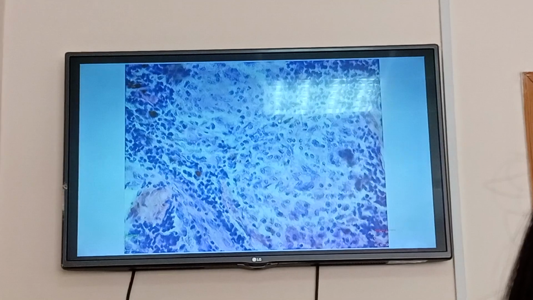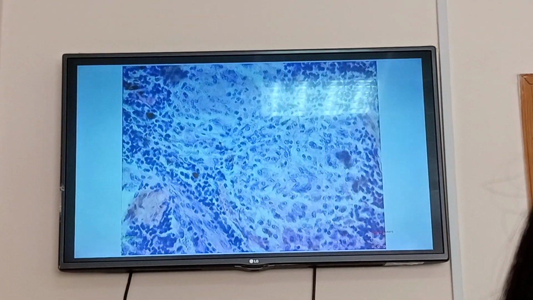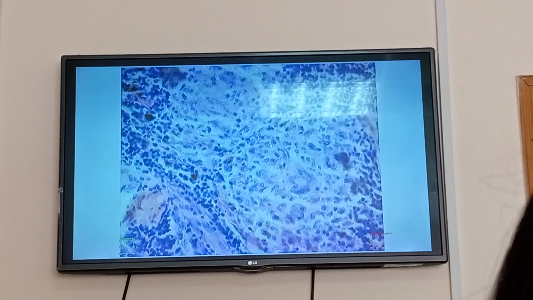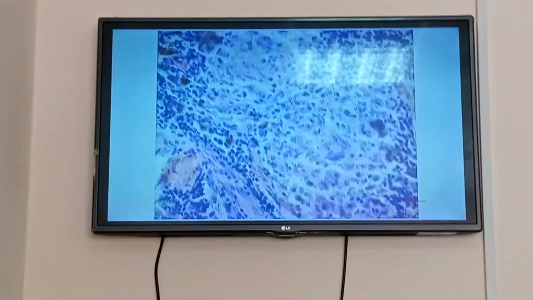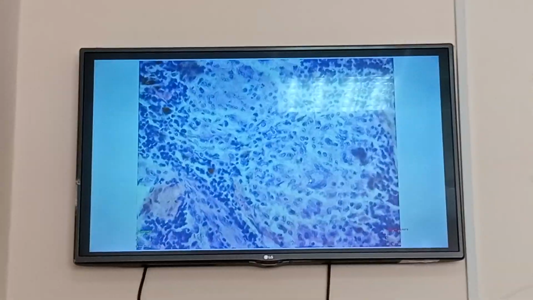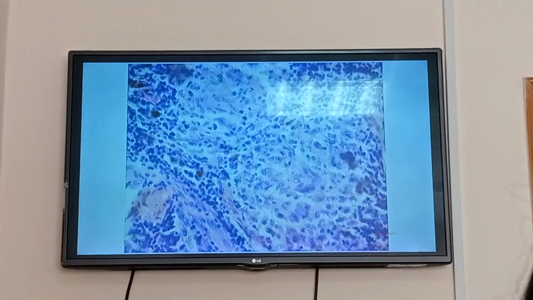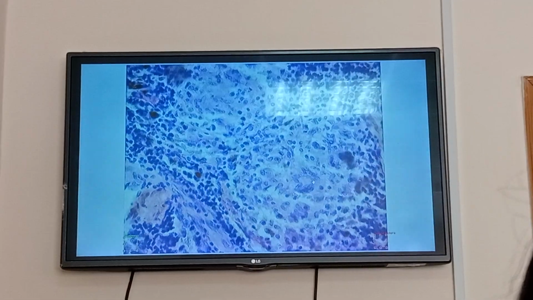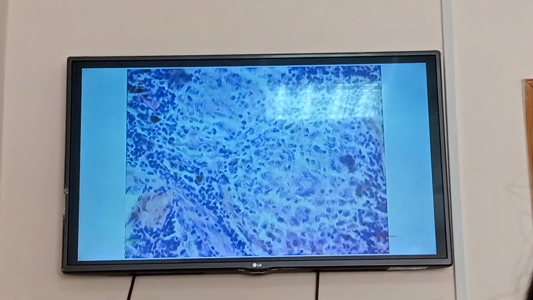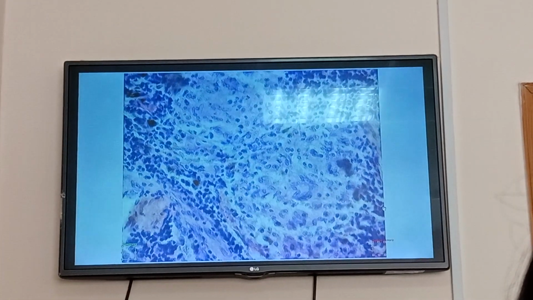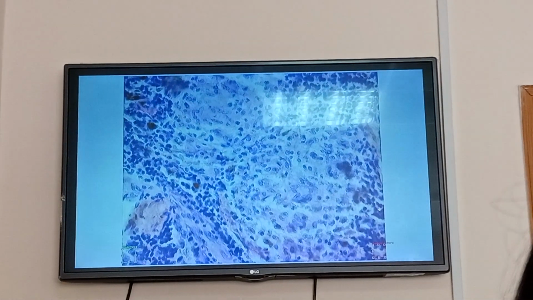Slipper-shaped nucleus of the cells, if you remember. Elongated slipper-shaped nucleus of the cells. These are epithelioid cells, also macrophages visible, and here U-shaped appearance of the nucleus in the giant cell. This giant cell is called Langhans giant cell.